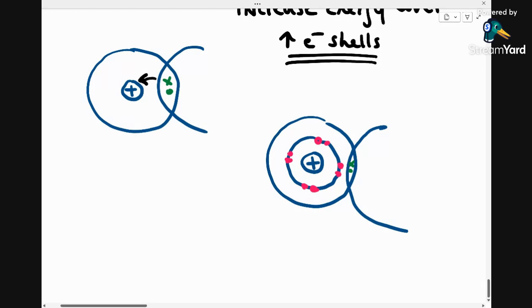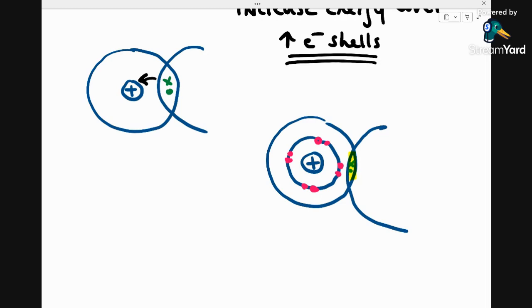Again, hopefully you can appreciate what is going to happen to the pulling power, the electrostatic force of attraction between the positively charged nucleus and the negative electrons in the covalent bond in green here, I'm highlighting in yellow.